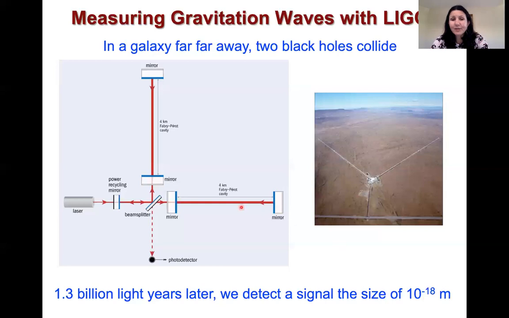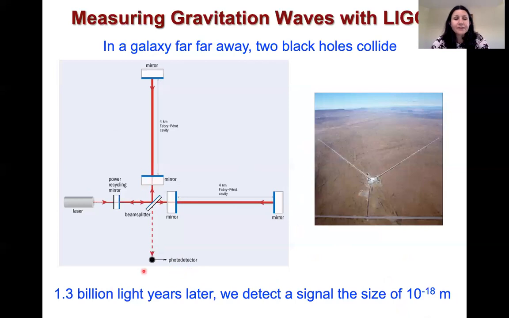That's how much that path changed. This is a really, really small number. It's smaller than the size of an atom. Relative to the 4 kilometer path, being able to detect such a small signal is really impressive. So this is quite a sophisticated experiment.